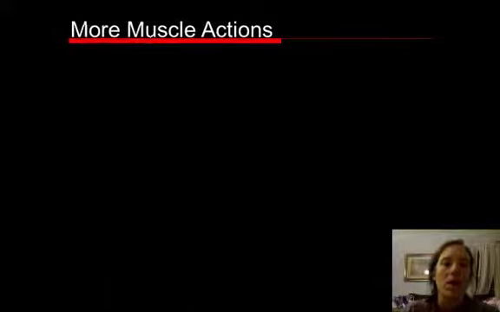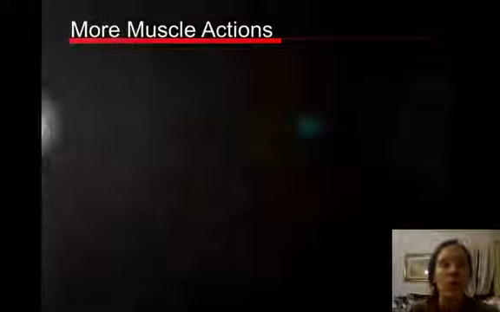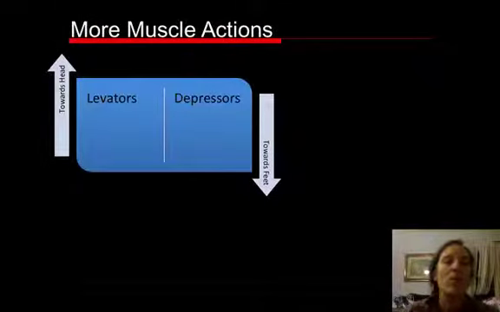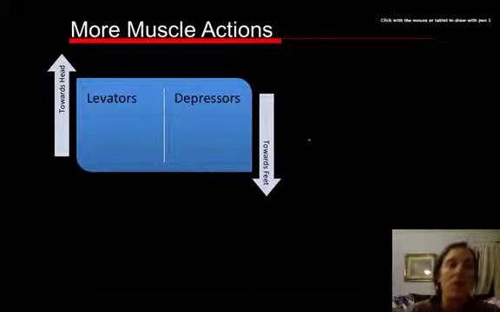All right, so let's talk about some muscle actions and how some muscles work in terms of their particular movements. I grouped them in pairs in terms of the action and the reaction. So the first one is movement up and down, or towards the head or towards the feet. Muscles that move objects upwards or towards the head, we call levators.